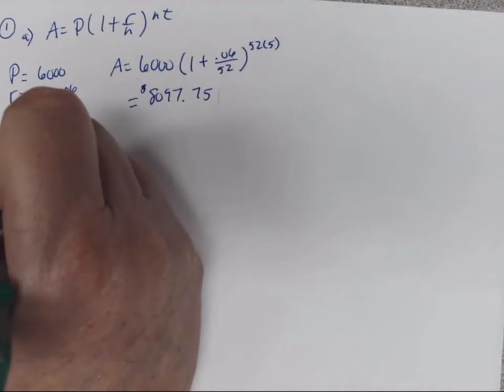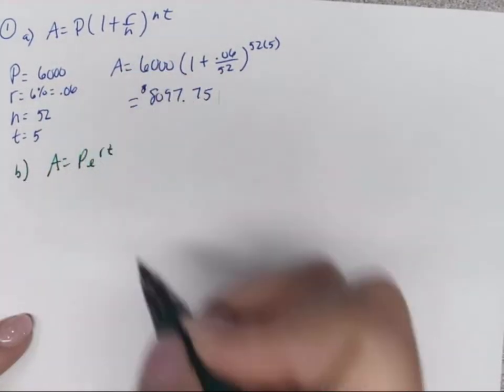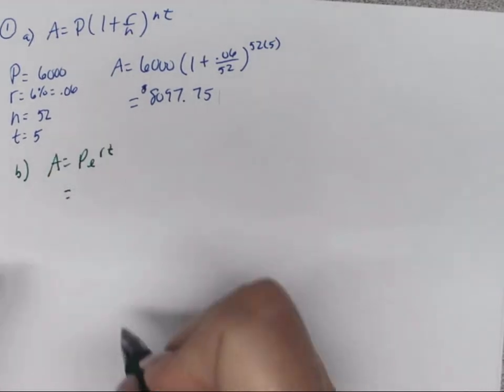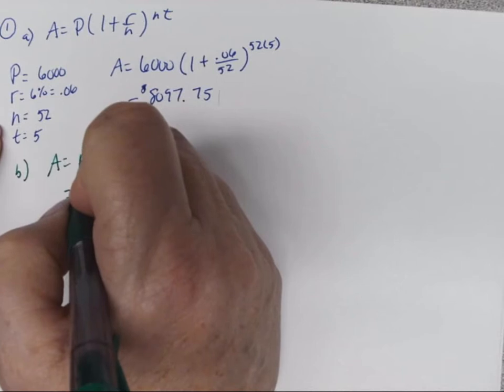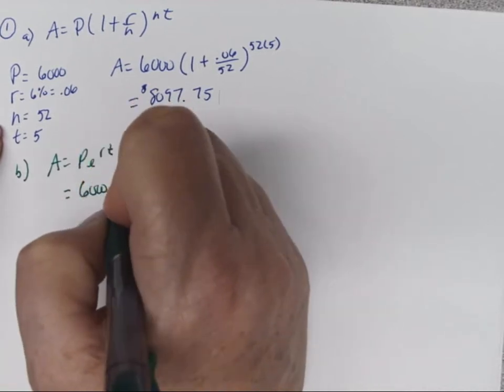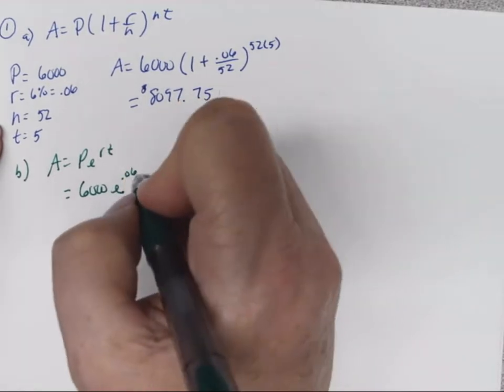Let's look at part B. Part B is using A equals P e to the RT. So it's going to use a lot of the same values. So P is still 6,000. E to the R, that's still 0.06 times T, which is 5.